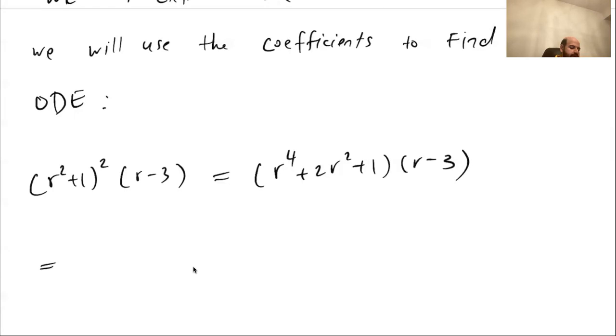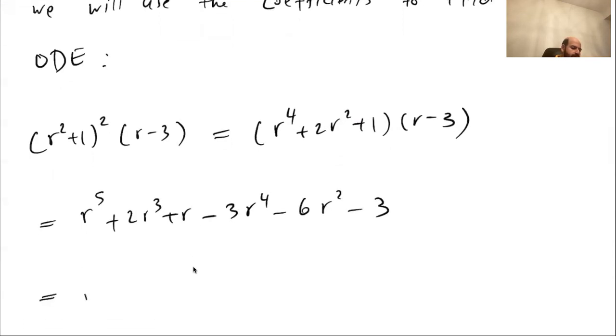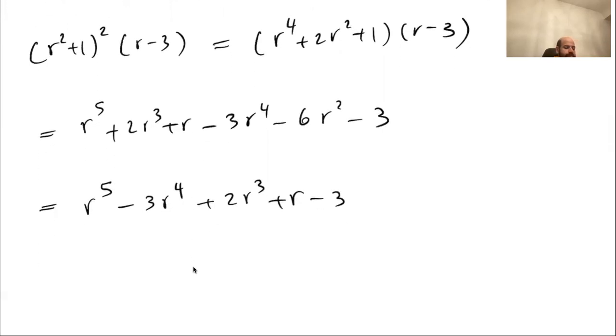And then this I can write as r to power 5 minus 3r to power 4 plus 2r cubed minus 6r squared plus r minus 3, which is r to power 5 minus 3r to power 4 plus 2r to power 3 plus r minus 3.